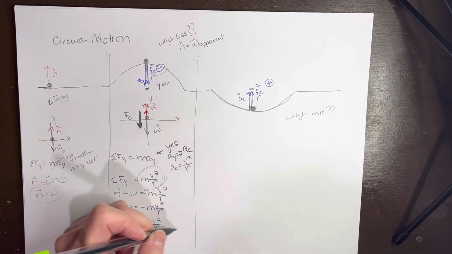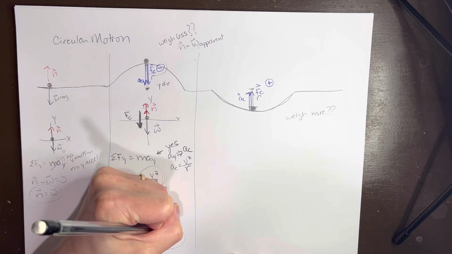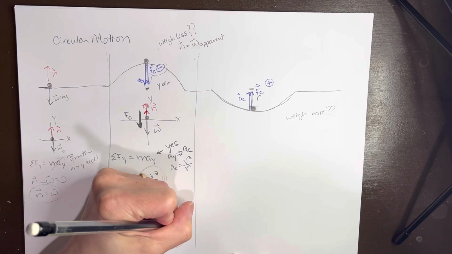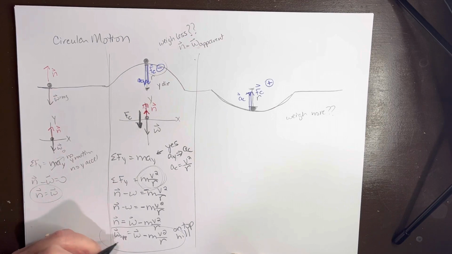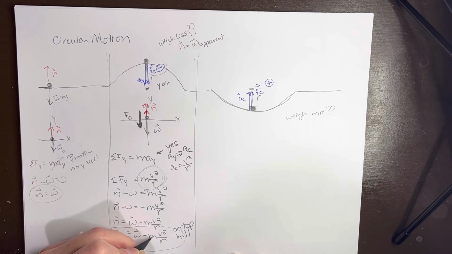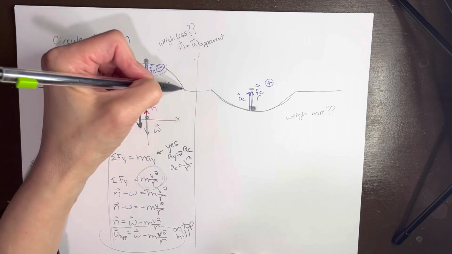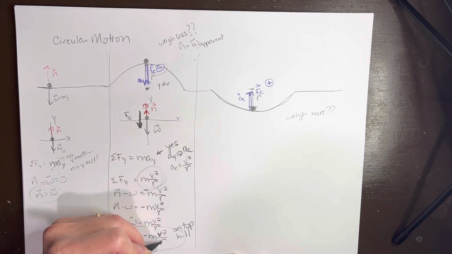So basically what I'm saying is when I'm on top of a hill, I should weigh less. So let's make sure this is correct. It's my weight minus my mass, the velocity at which I'm moving. The velocity isn't changing. I have acceleration because I'm moving through a curve over the radius.